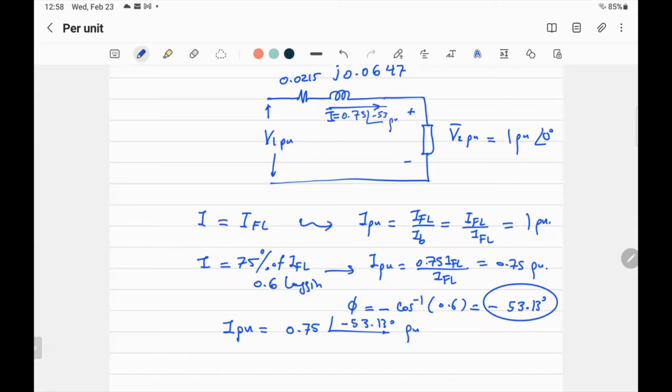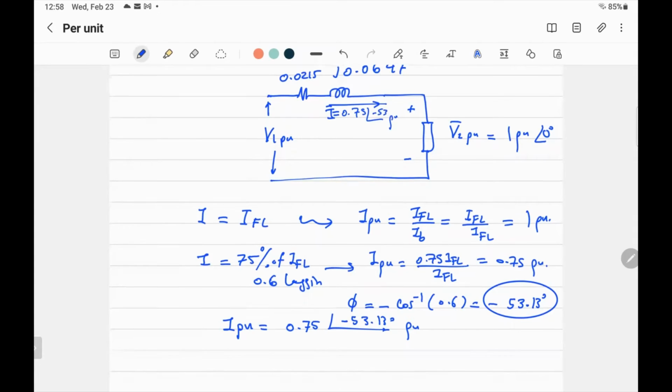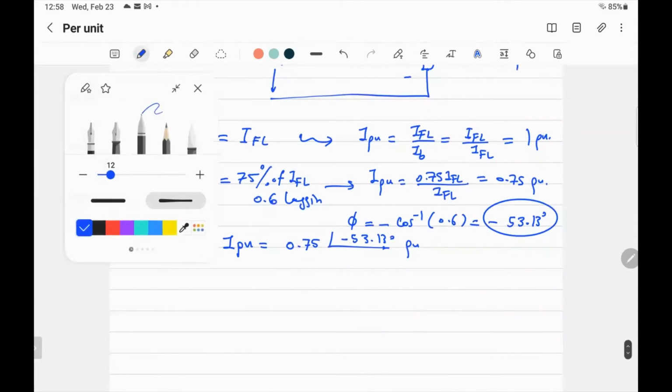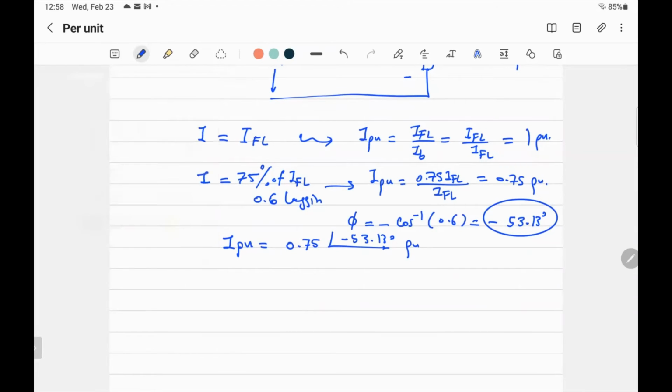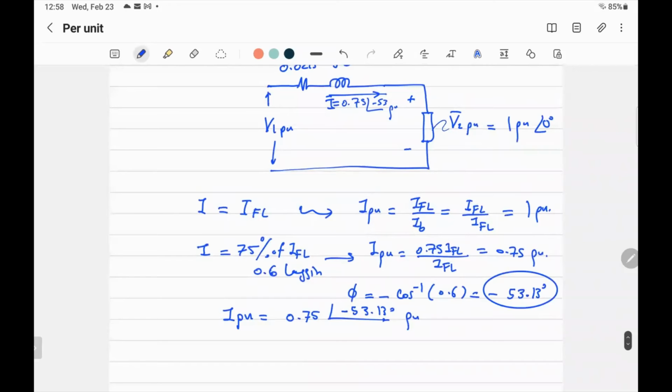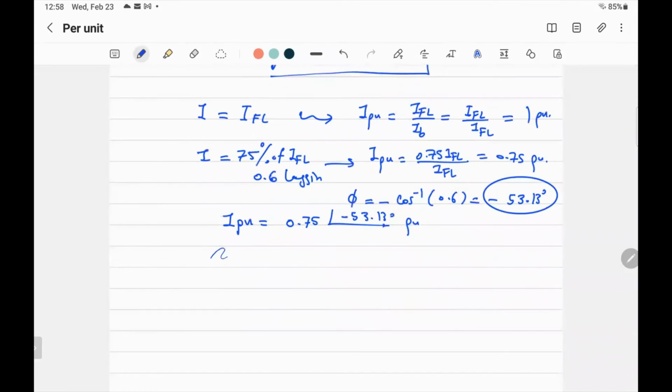I want to find V1 to find the voltage regulation, right? How do you find V1 from the circuit? V1 is equal to V2 plus the drop. So V1 per unit equals V2 per unit plus I per unit times Z equivalent per unit. No subscript 1, no 2, nothing. V2 is 1 per unit at angle 0.